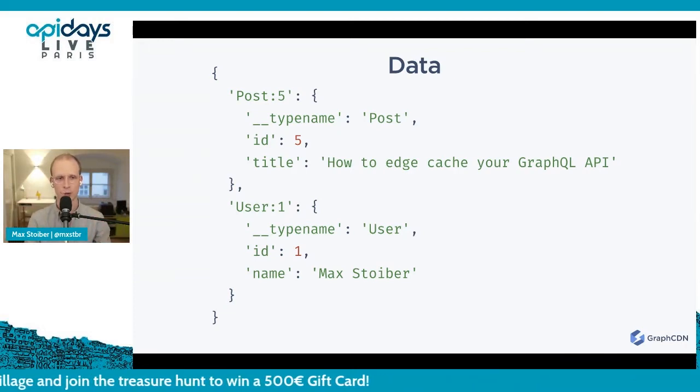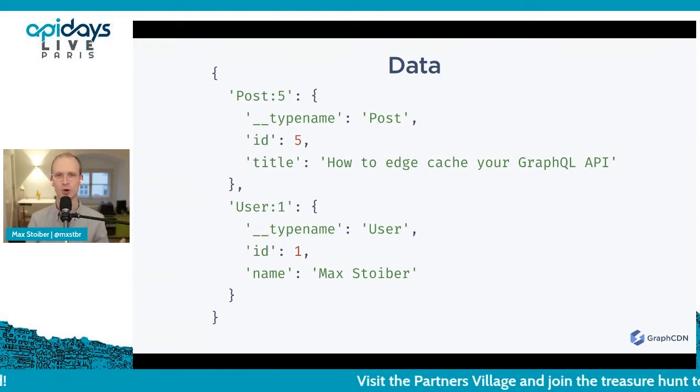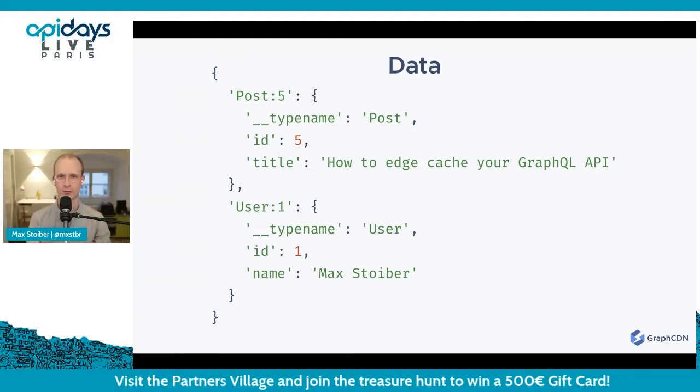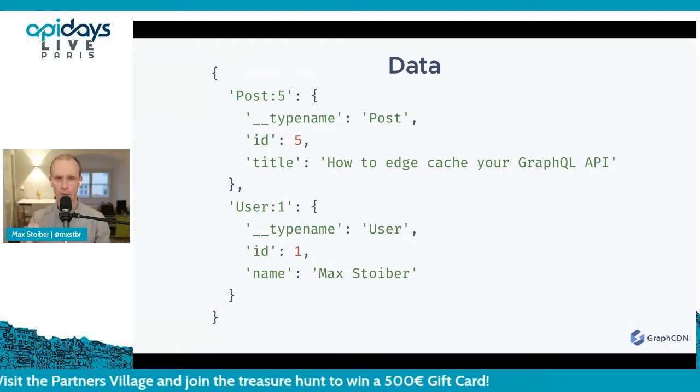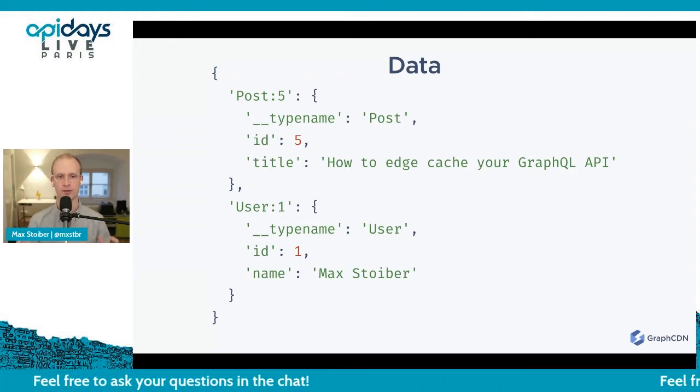Why does that matter? Well, if you now have another query that comes in and is like, well, look, I want to fetch the data for the user with the ID 1, then the cache can say, hold on, you haven't sent this specific query before that fetches the user with the ID 1. However, I have the data for the user with the ID 1 in my cache already because you fetched that data already with the post because that was the post's author.